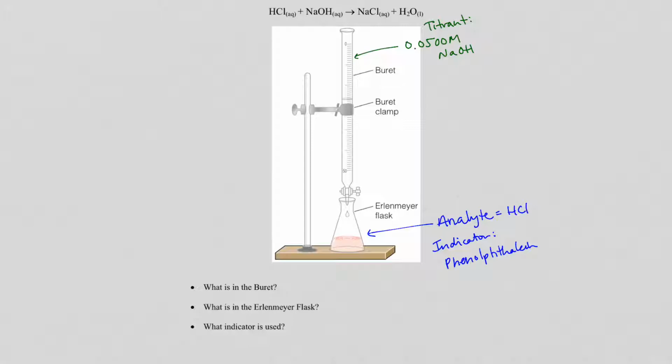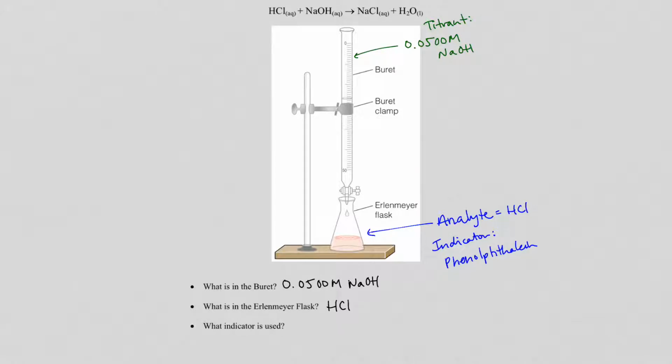So, answering the questions at the bottom, this would be a great question for, let's say, the written part of a laboratory exam. What is in the burette? I would go to the most specific answer I could, and I would say 0.0500 molar NaOH. What is in the Erlenmeyer flask? I would say HCl.